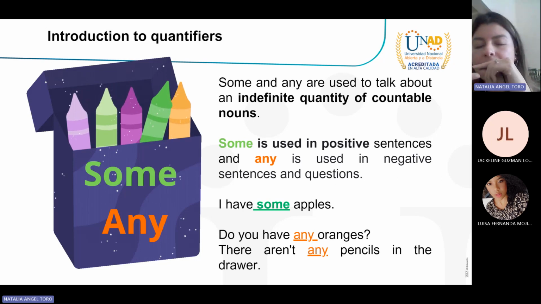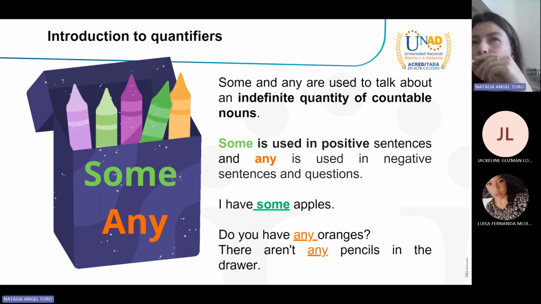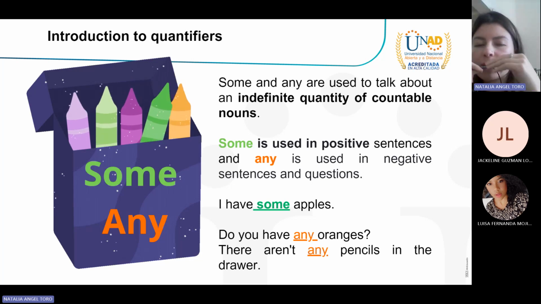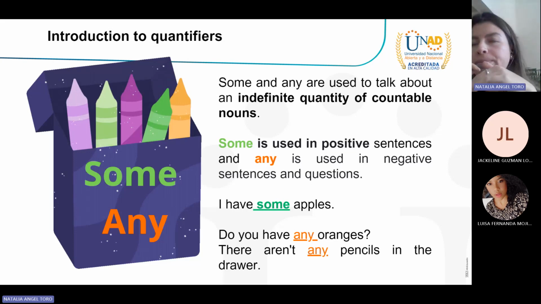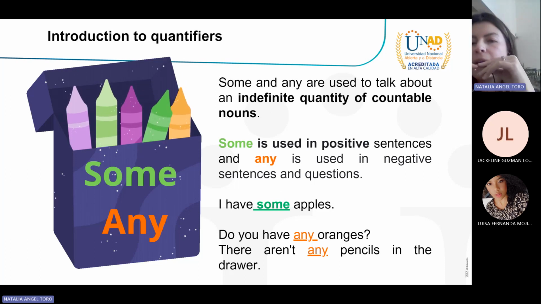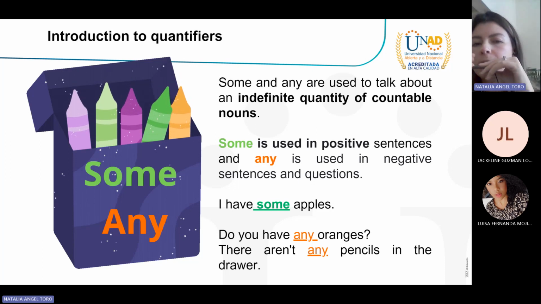But in that case, there are two particularities. First of all, we are not pretty sure about how many or how much we have. For example, I know in my kitchen I have onions, but I'm not sure if there are 2 or 5 or 6. So I can say that, yes, I have some onions in my kitchen.